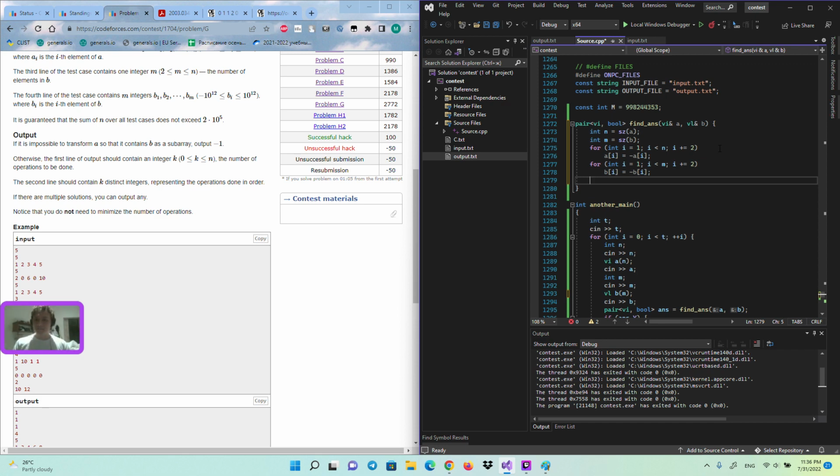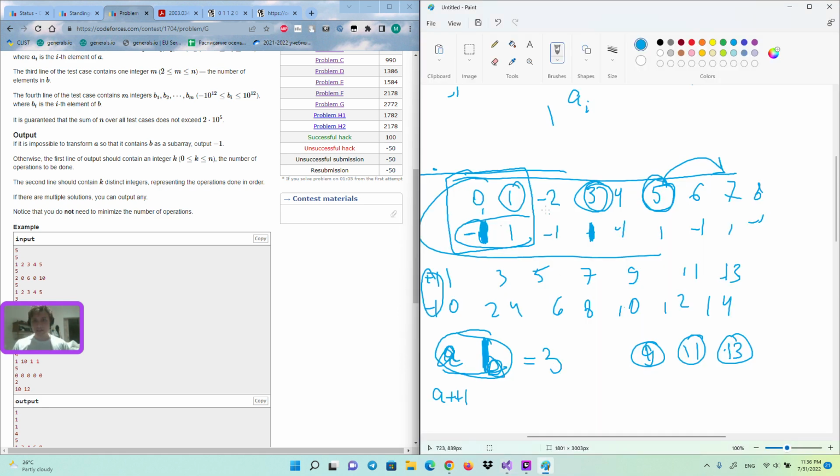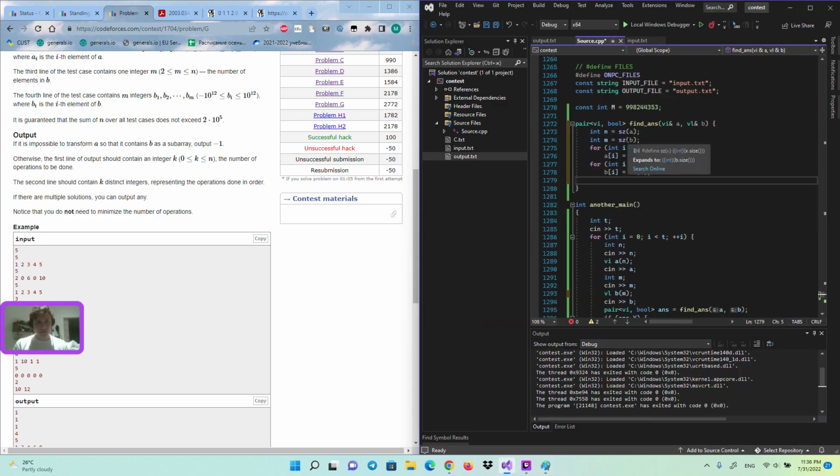After that, we want to find the second difference array. And how do we do it? How do we find the second difference array? It's not very hard.